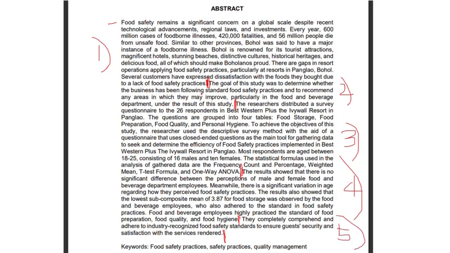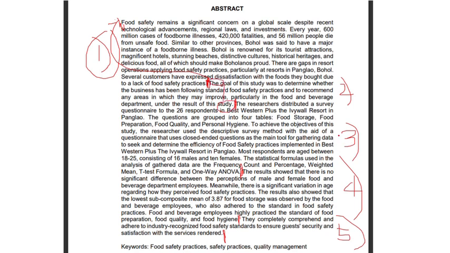Okay, so you can observe this is the whole manuscript, concise in summary. First part, introduction, starting from "food safety" until "practices." Part 2, the objectives of the study, starting from the word "the" until the word "study."